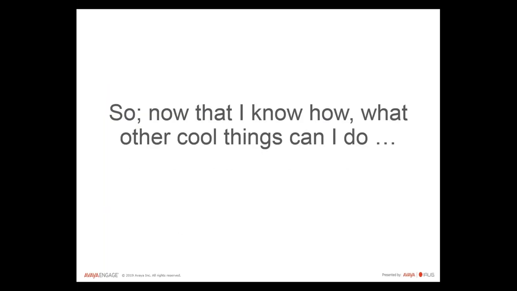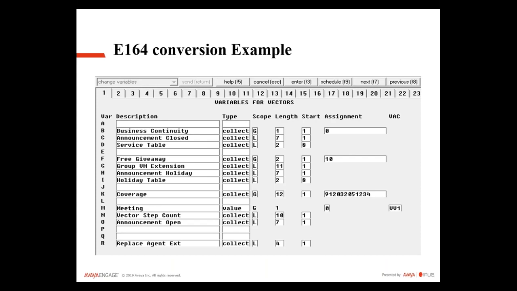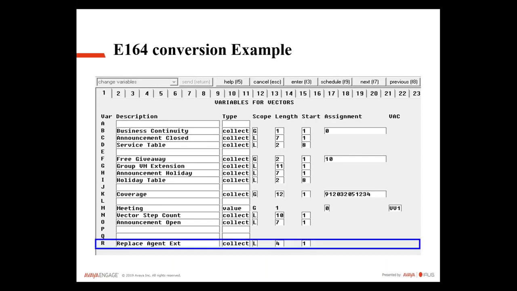So now that we've covered off the basics, what are some of the other cool things that we can do for business case uses with our variables? Business continuity, obviously, for us was the biggest one. The other, for me, was E164 conversion or replace agent extension.